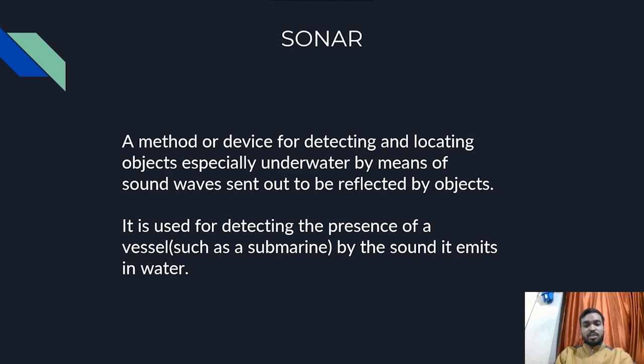It is based on the same principle that is used in the ultrasonic sensor, that is, we send high frequency waves underwater and it is reflected by some object such as a submarine or maybe the surface of the ocean. So we can calculate the depth of the ocean or the depth under which there is an object such as a submarine from the ocean level or the sea level.